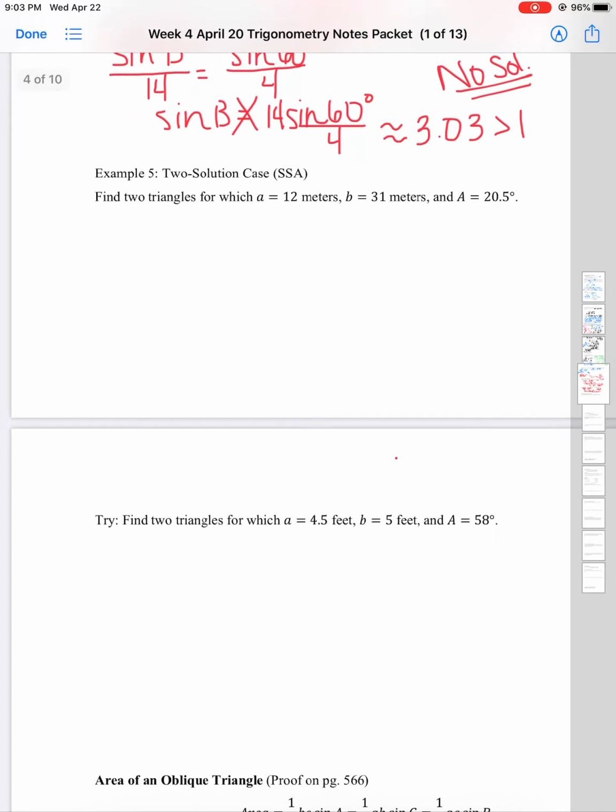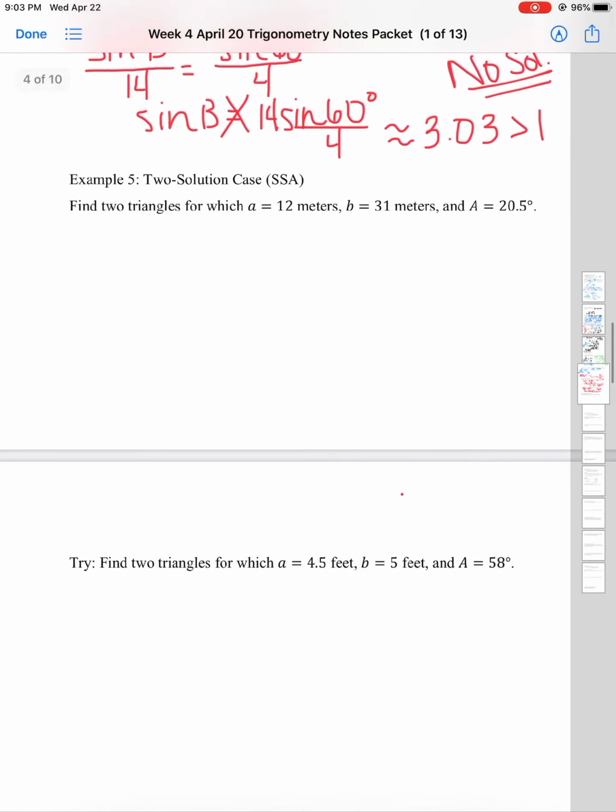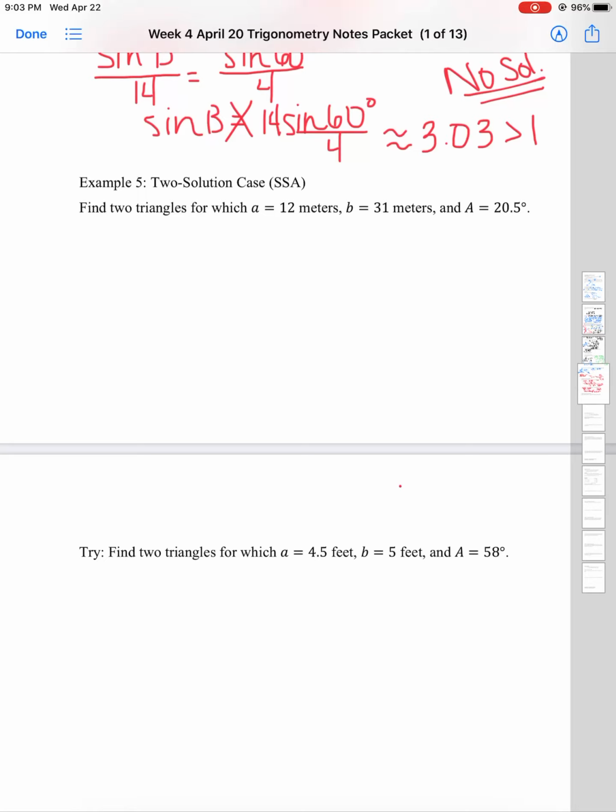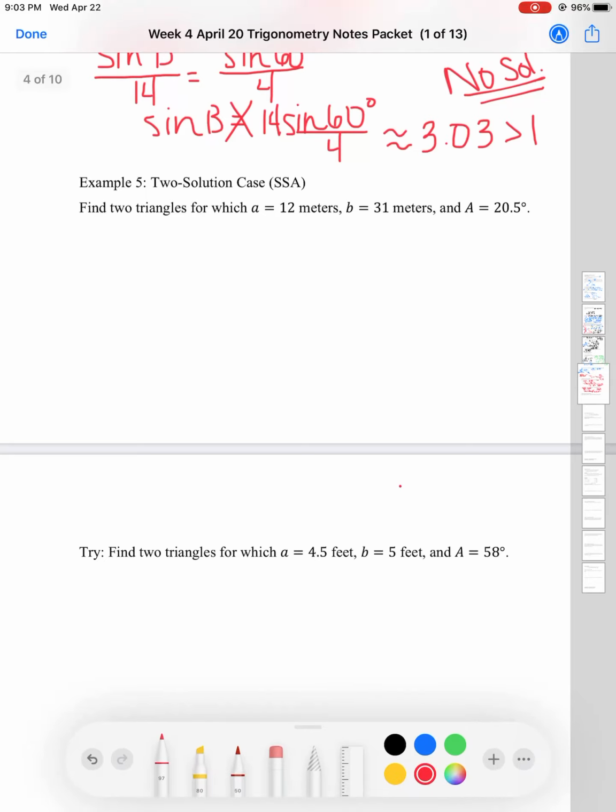Now, the two solution cases are where it gets a little bit harder. Find two triangles for which a equals 12 meters, b equals 31 meters, and A equals 20.5 degrees.